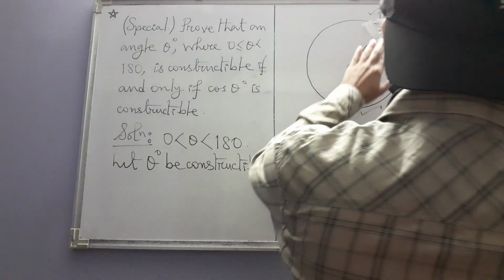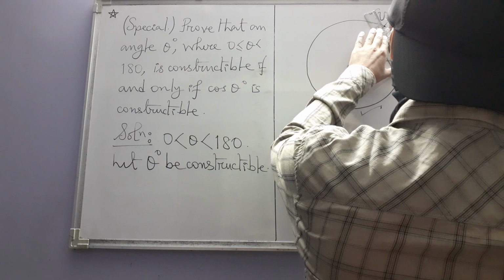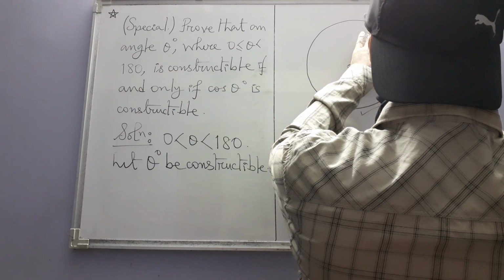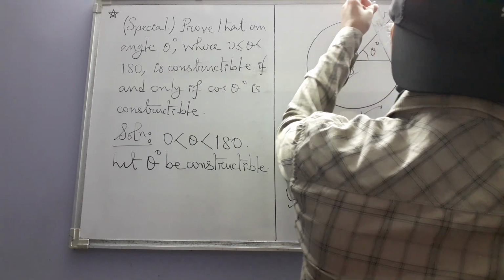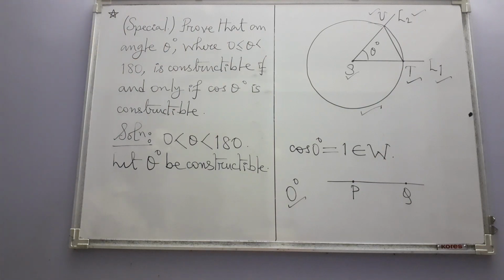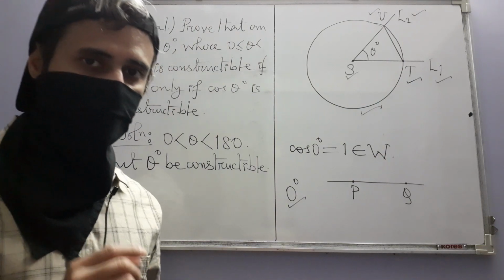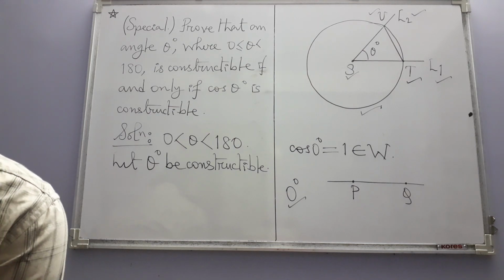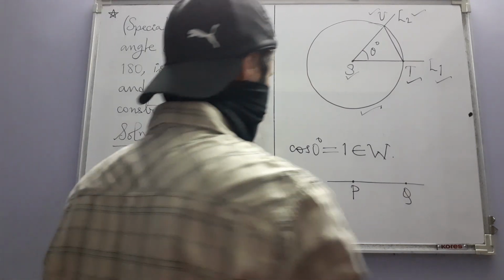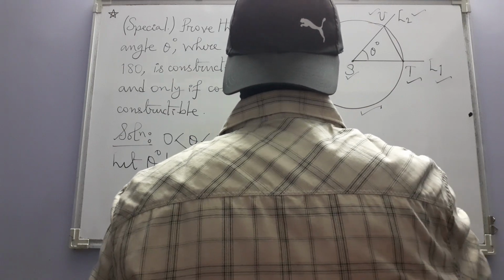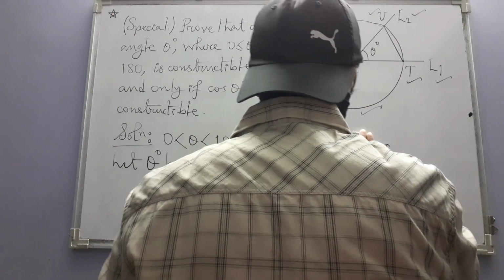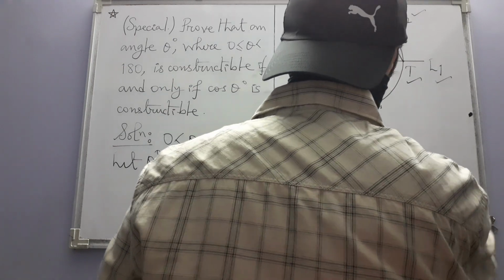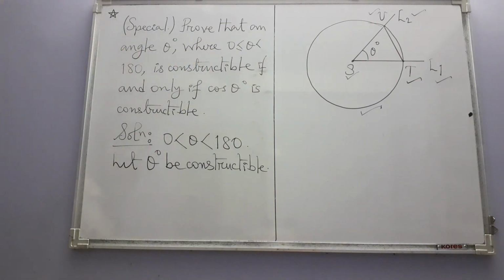Now if we join T and U by this line segment, then the length UT, that positive real number, that will be constructible. But why? Why is UT constructible?